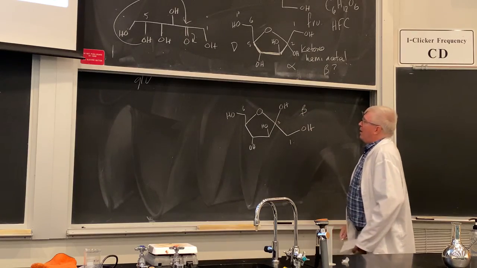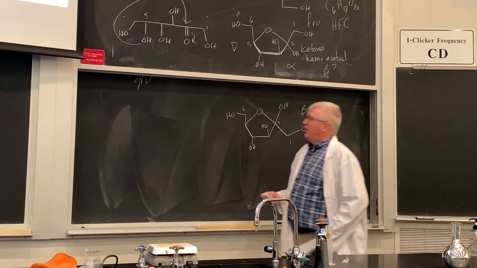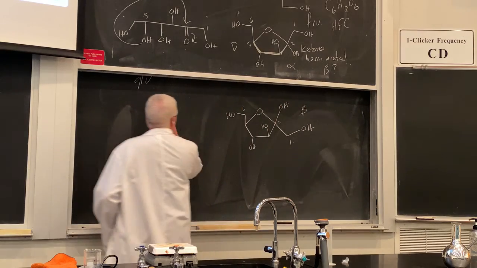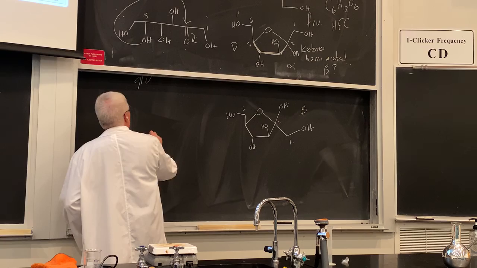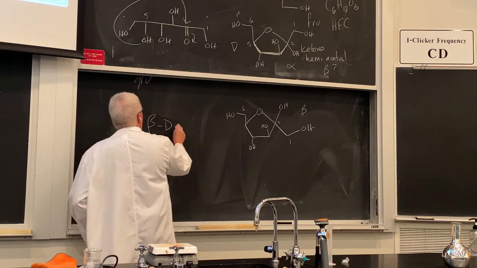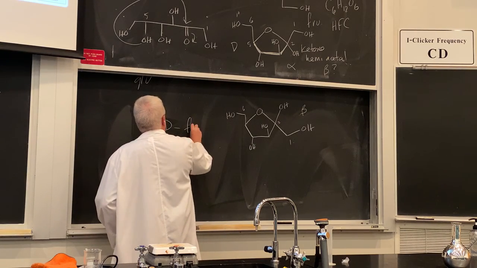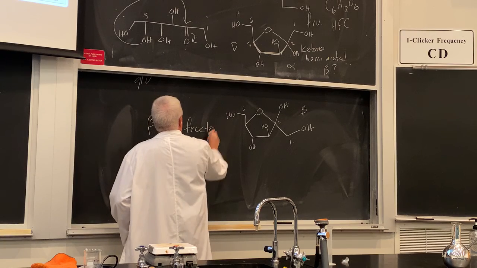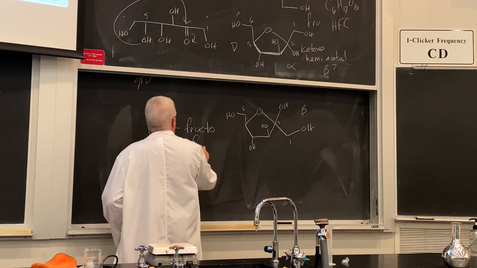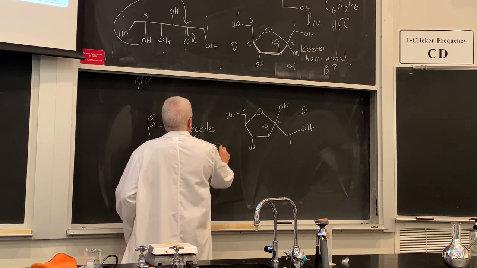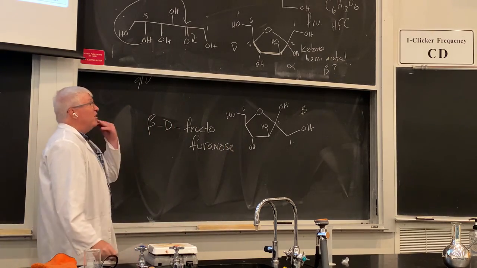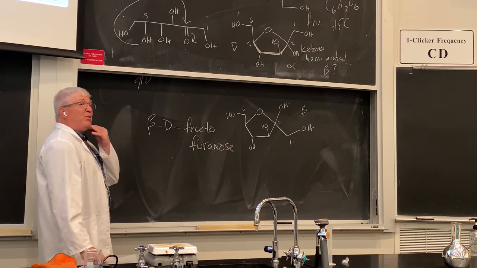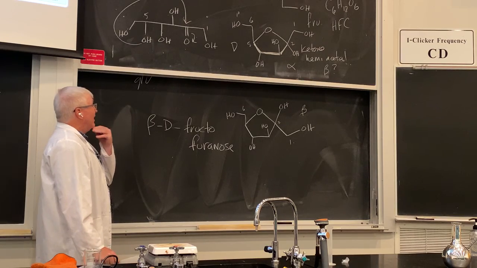Okay. Beta fructofuranose. Let me give you the whole name here. Beta-D-fructofuranose. Before we had pyranoses, right? We had glucopyranose for glucose, and pyranose referred to the 6-membered ring heterocycle.